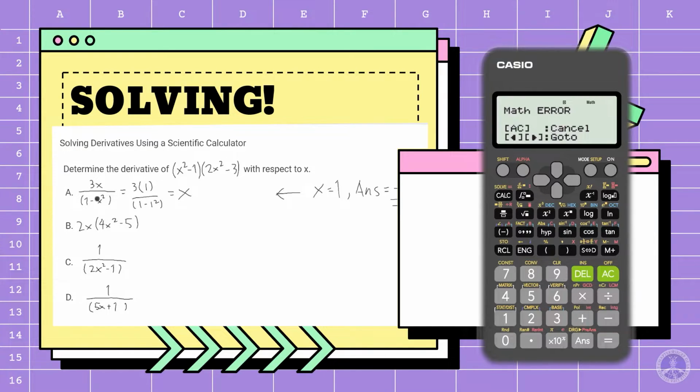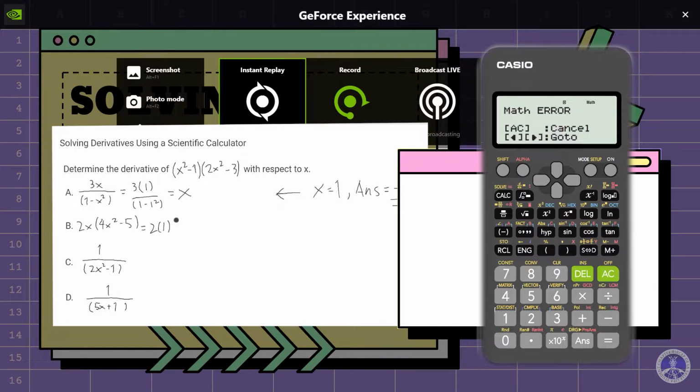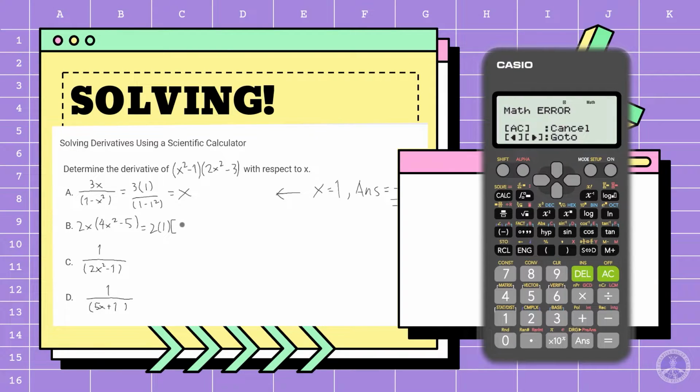Next, letter B. So that's 2x times the value of 4x squared minus 5. So let's put that there. 2 times 1 times the quantity of 4 times 1 squared minus 5.